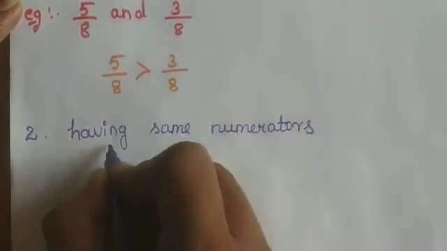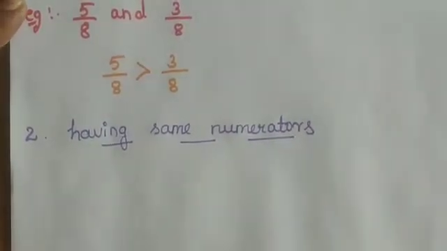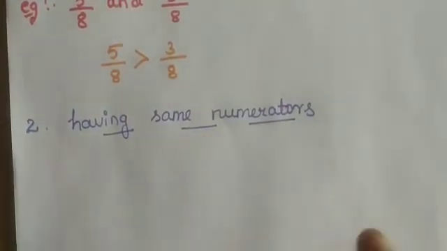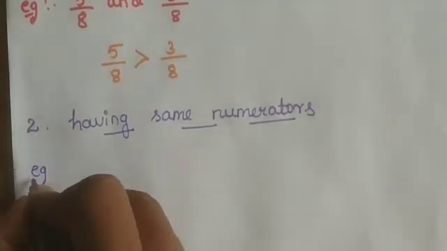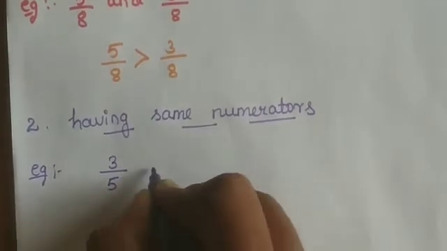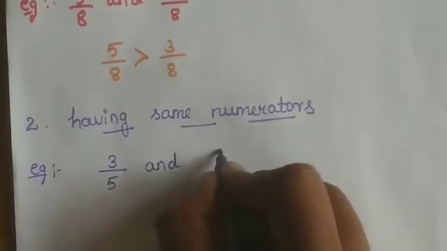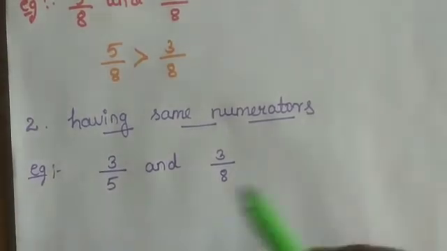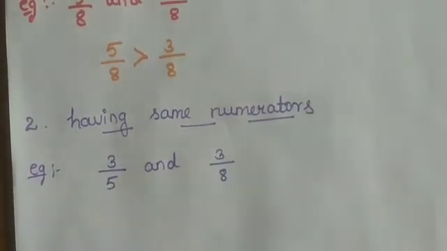Already we learned about the same denominator. Now we are going to see the same numerators. I will take the first example. Example 1, 3/5 and 3/8. So the fractions are 3/5 and 3/8.